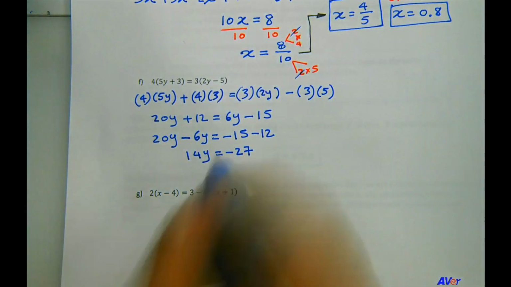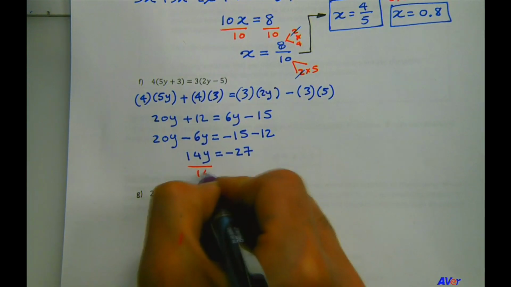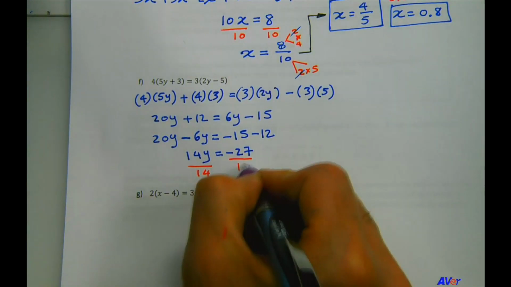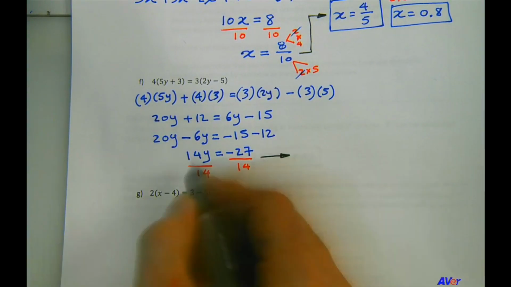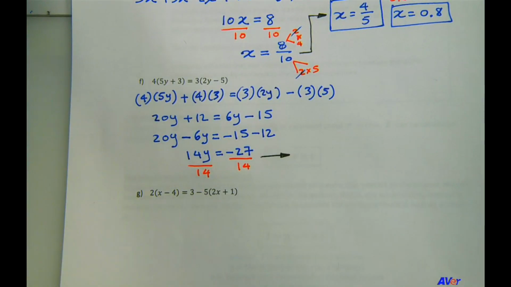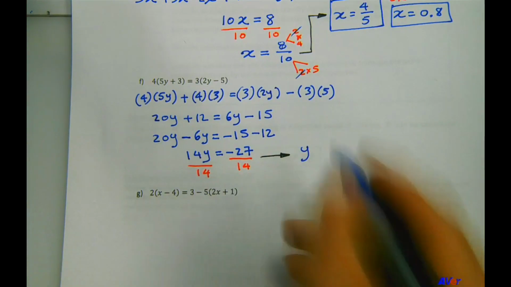Right? What else do we have to do? Y is not isolated, right? It's got a 14 next to it. We need to get rid of this 14. So let's divide both sides by 14. So on the left, we have y, because 14 and 14 cancel out.